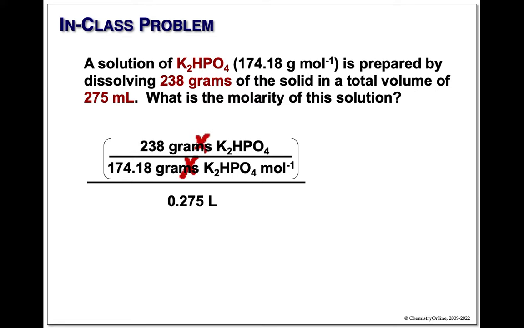Per mole comes up top. 238 divided by 174 divided by 0.275 is 0.4969. We have three significant figures here, so it rounds to 0.497. Simple calculations, aren't they?